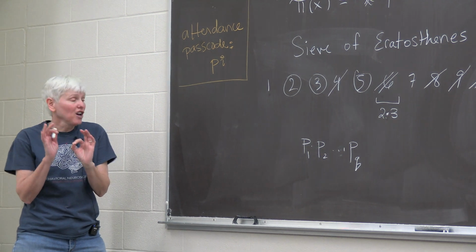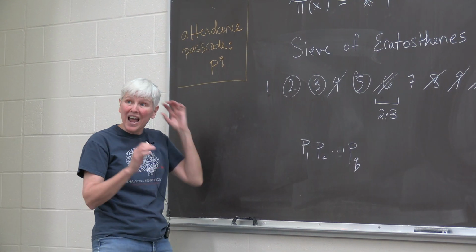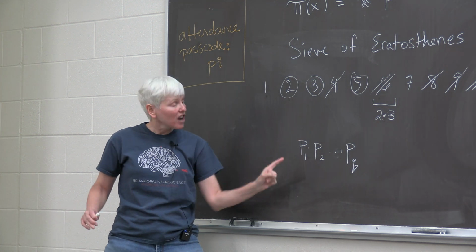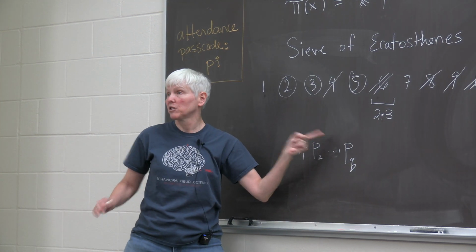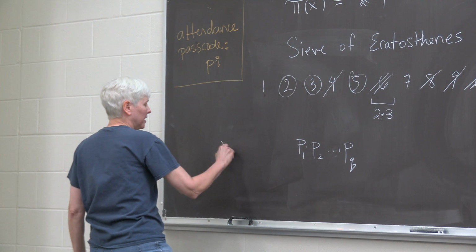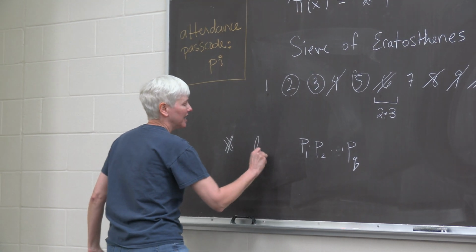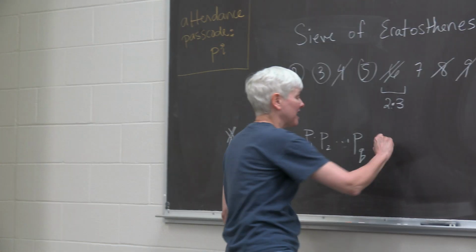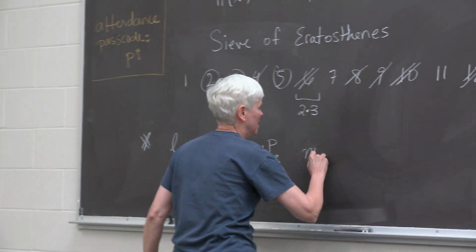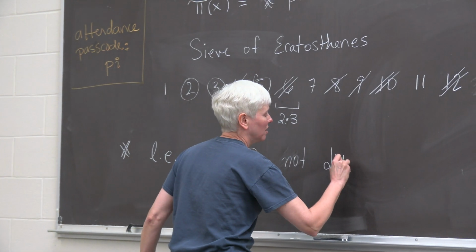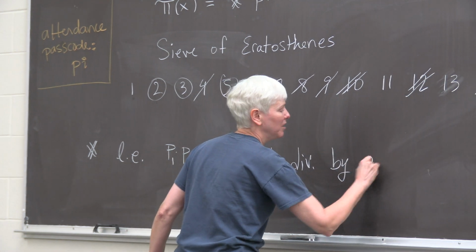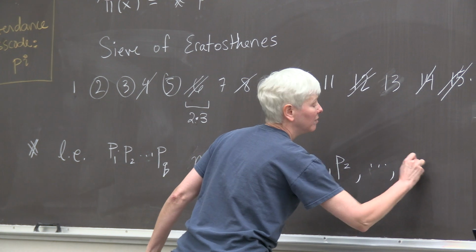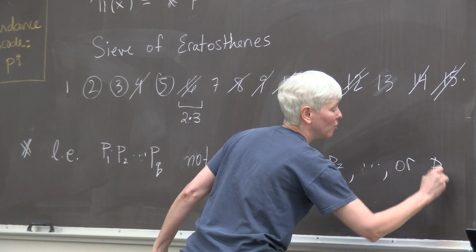What I wanted to know was how many numbers less than this are not divisible by these primes. So I wanted to know the number less than or equal to this product that are not divisible by P1, P2, up to PQ.